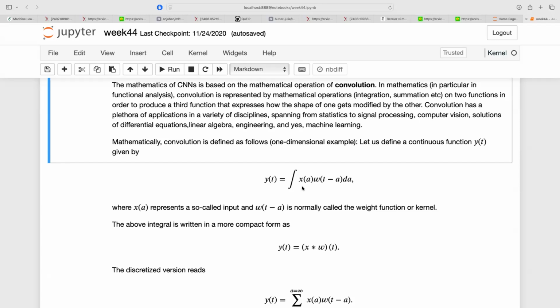So this is x of a, and this x of a can contain a lot of noise, which you want to get rid of. Now, you multiply this with some function w, which is often called the weight function or just a filter. So that means that at the time t minus a, that is when you start filtering out all the noisy data which you have.